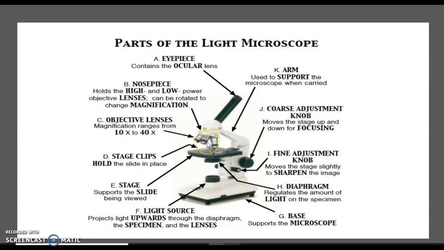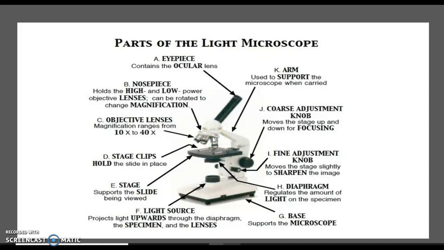With the 10x, you will then again use your fine adjustment knob to sharpen up your focus and see your image more clearly. Once you do that, you will then use your blue lens, which is 40x. So 40x times 10x gives us a 400 magnification.